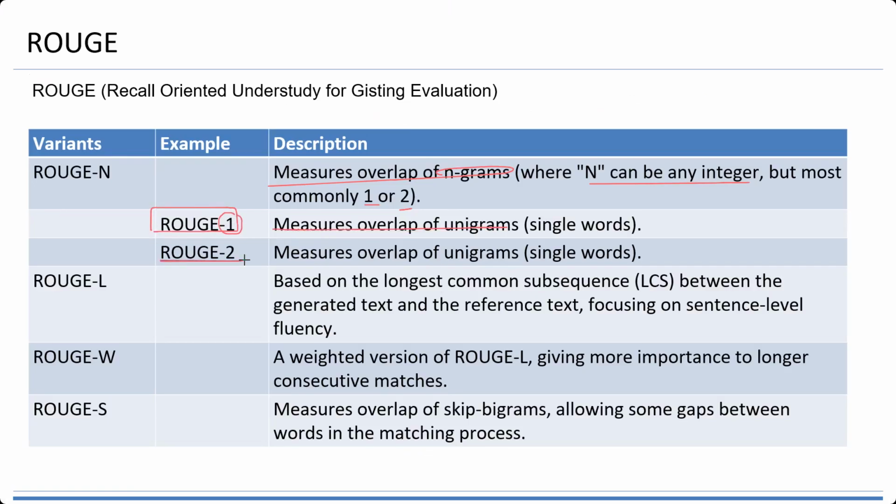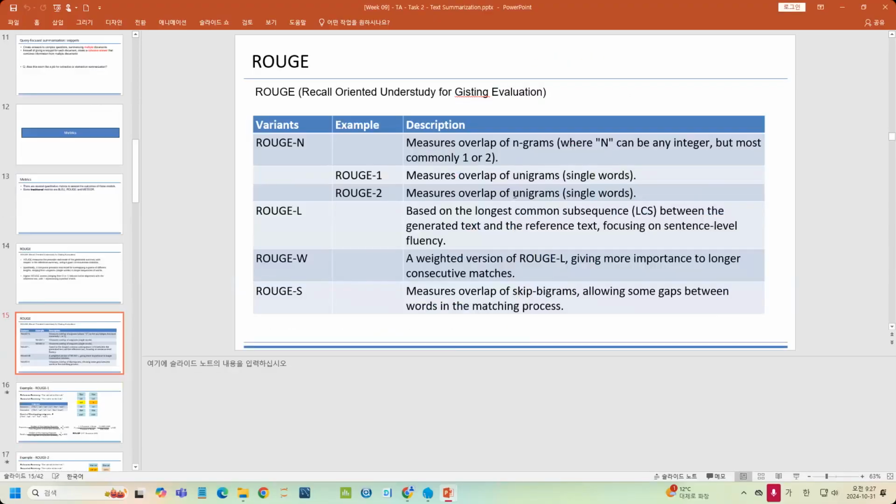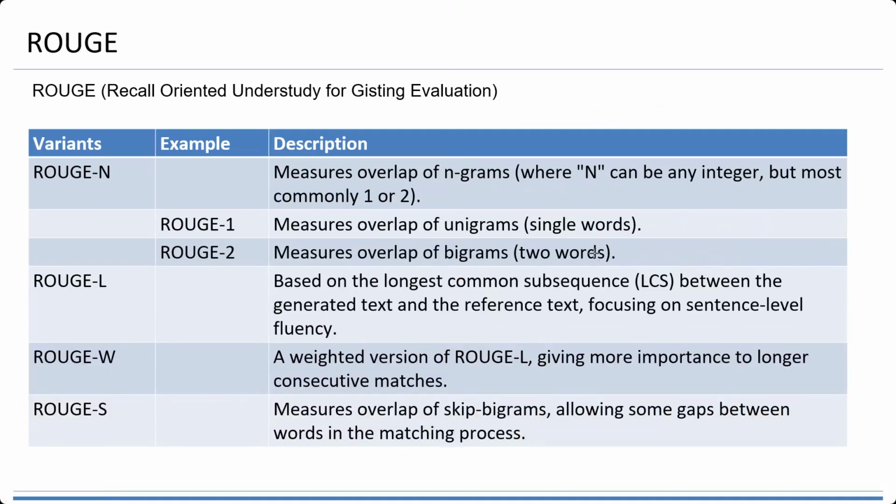If we have ROUGE-2, it means we want to measure the overlap of bigrams, two words. If ROUGE-3, then it means trigram, and so on.